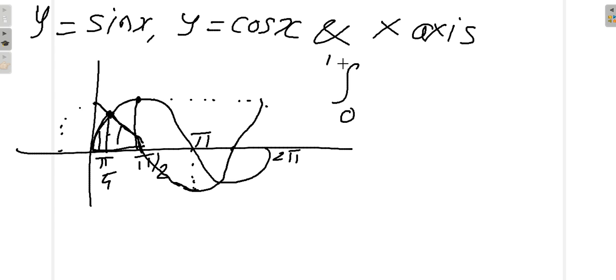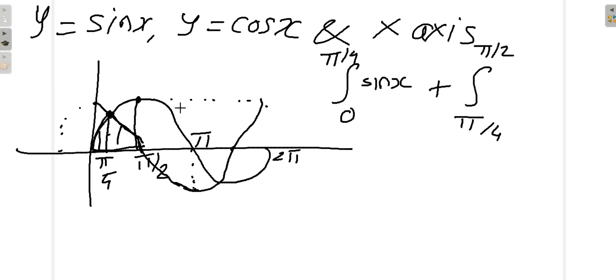So it will be 0 to pi by 4. First you can see it will be sin x. And between pi by 4 to pi by 2, which is this region, it will be cos x.